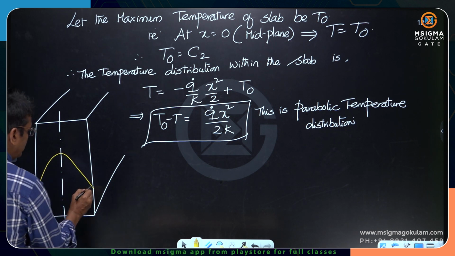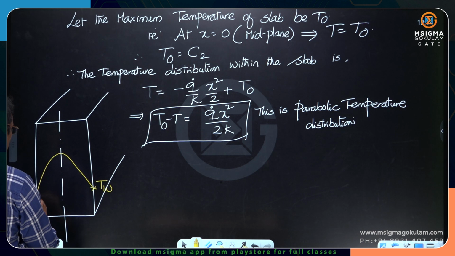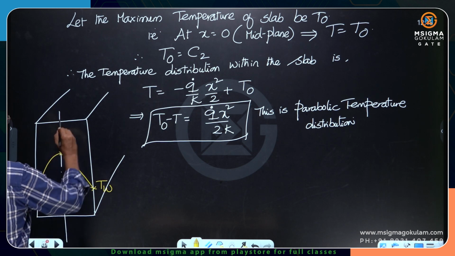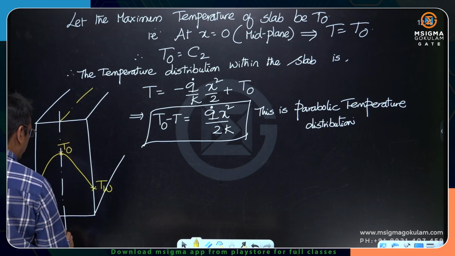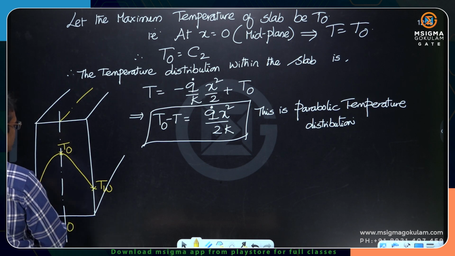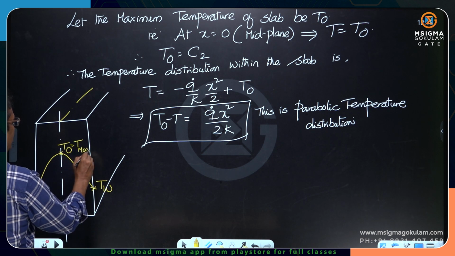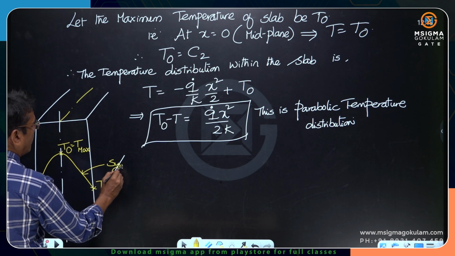We see the symmetric parabola because we are observing the same temperature on both sides of the slab. At maximum temperature, we are observing at the mid plane, that is at x equal to 0. At the mid plane we are observing the maximum temperature. It is a symmetric parabola.